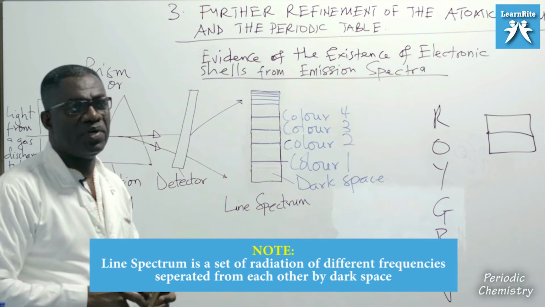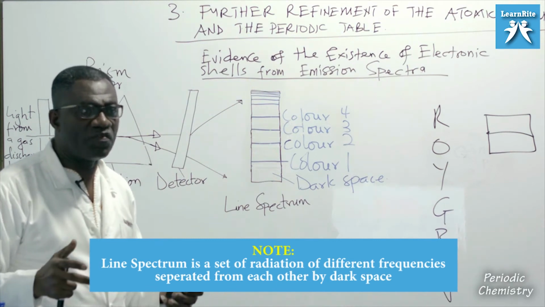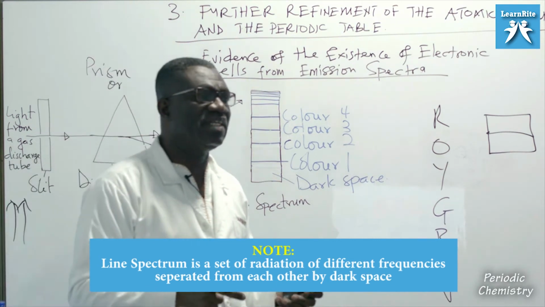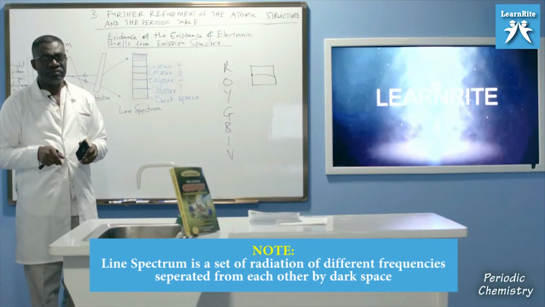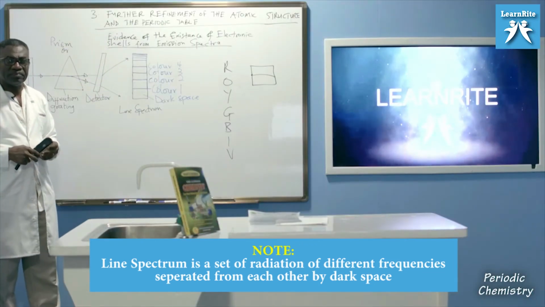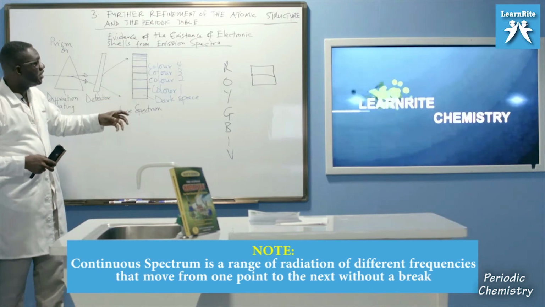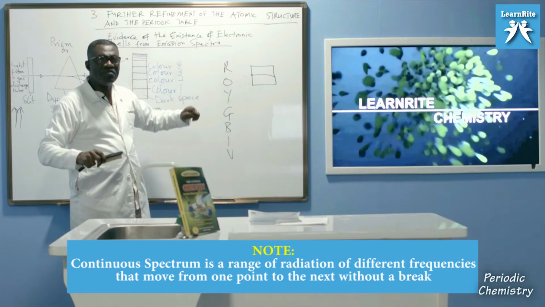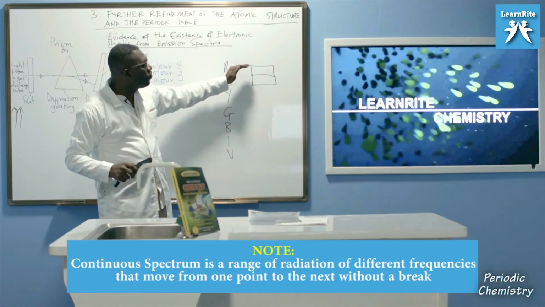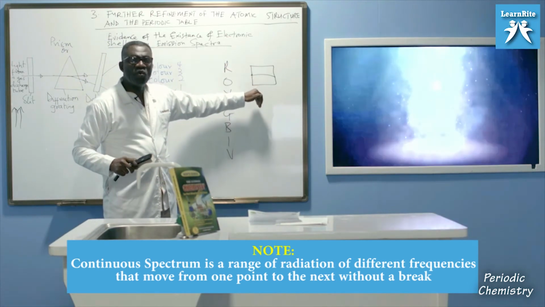A line spectrum, we say, is a set of radiations of different frequencies separated from each other by a dark space. Whereas the continuous spectrum is a range of radiations of different frequencies that move from one point to the other without any break.